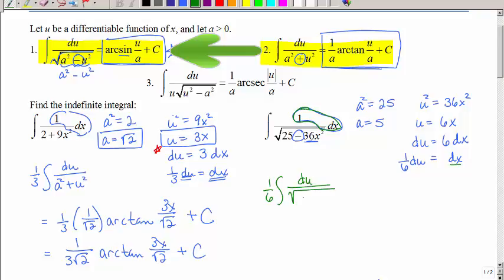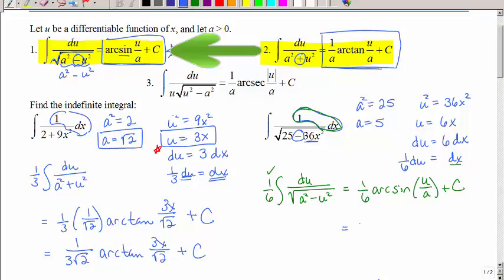So now this integral is in the format where what takes the place of 1 dx is 1/6 du. I have the square root of a squared minus u squared. And again, looking at my formula, that would be my 1/6 because of my constant times the arcsine of u over a plus c.